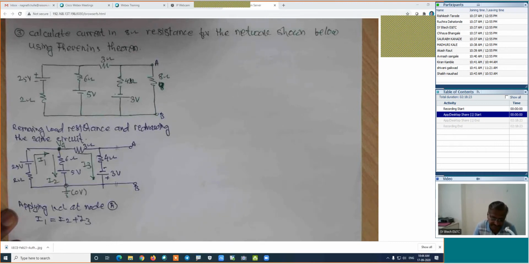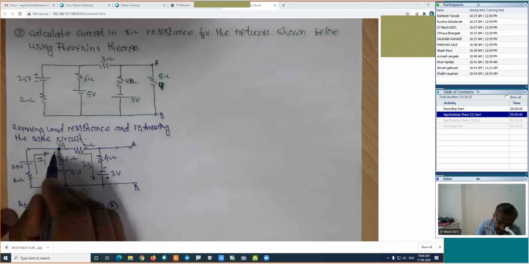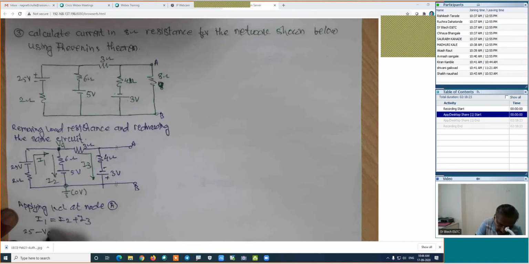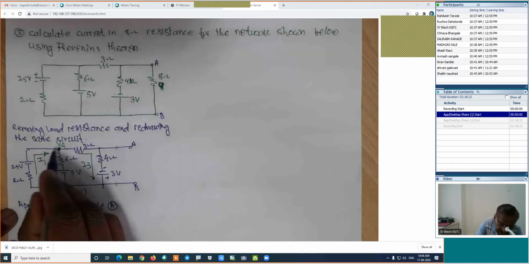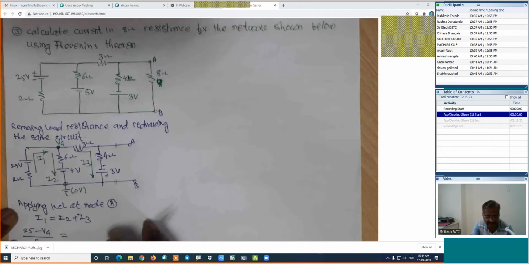Now look at this I1. Here potential is 0, negative to positive plus 25, so 0 plus 25 is nothing but 25, minus this potential VA, divided by the resistance of this complete branch, which is 2.